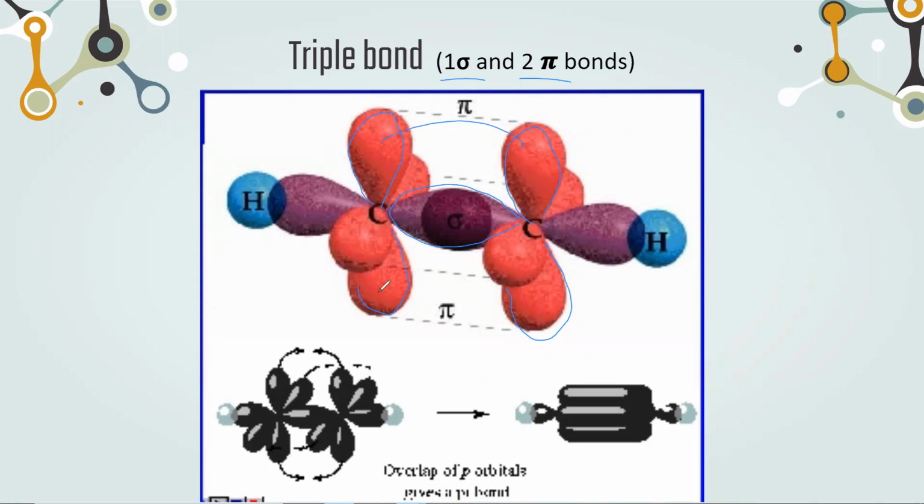So we see sharing and sharing, and that's one of the pi bonds. But the other one happens between these two that are kind of behind a little bit. You can't see them as well, but those are going to share as well. So that's going to be our second pi bond. And again, down here, you can see it kind of leaning towards each other, forming a weird mutant cloud over there.